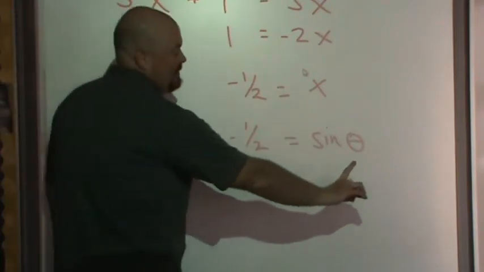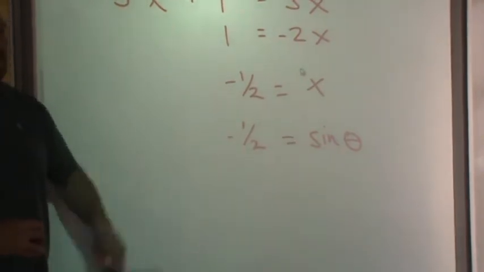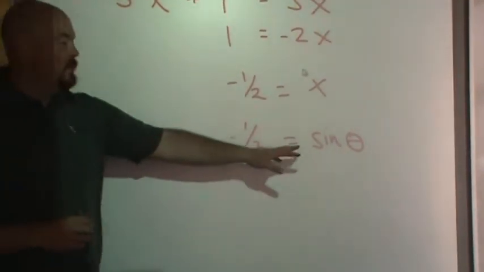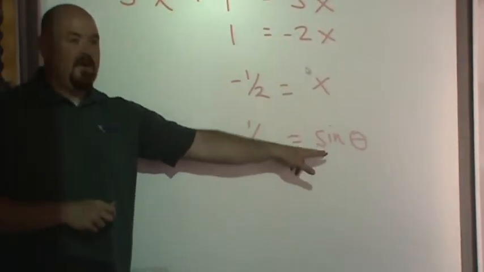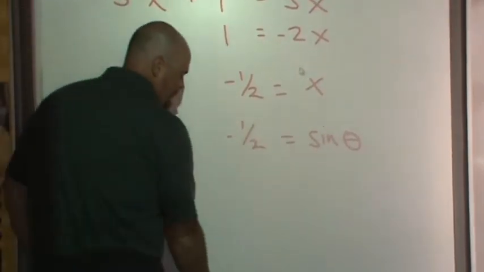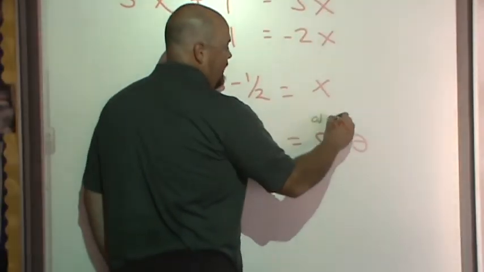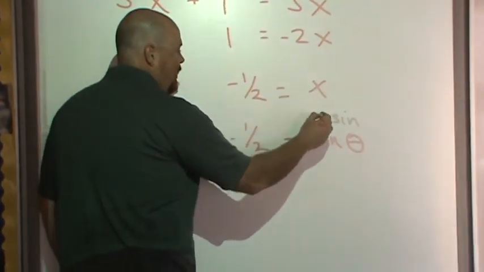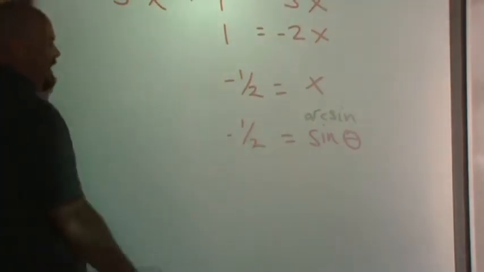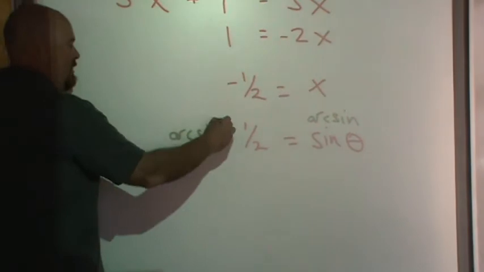This angle that's inside here, I want to know what angles have a sine value of -1/2. We have to undo the sine. We have to do the inverse operation of sine, and the inverse operation of sine is sine inverse, right? Only we write it like this, arc sine, that's an R, arc sine on that side, and then we take the arc sine of -1/2.